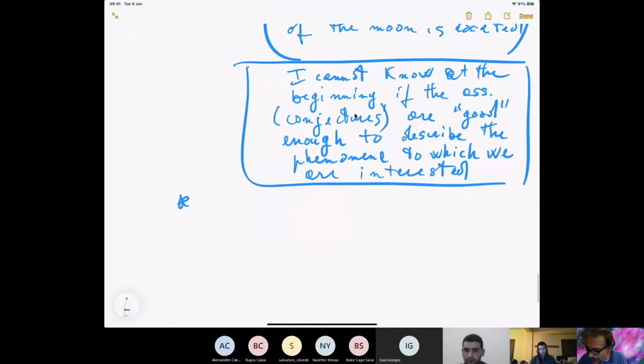We introduce x of s, the position of the barycenter of the sun. Then for every planet pi, we introduce the position of the planet as a function of time.